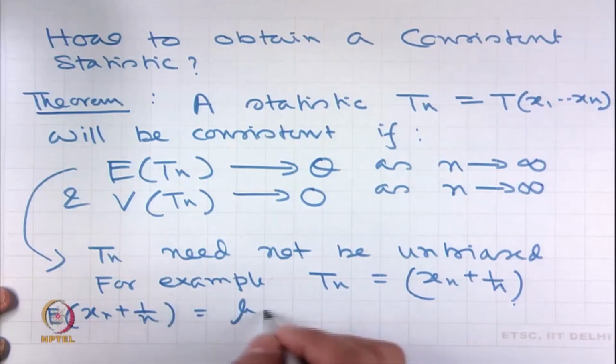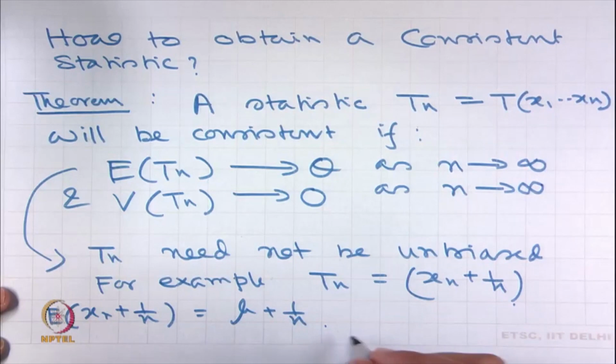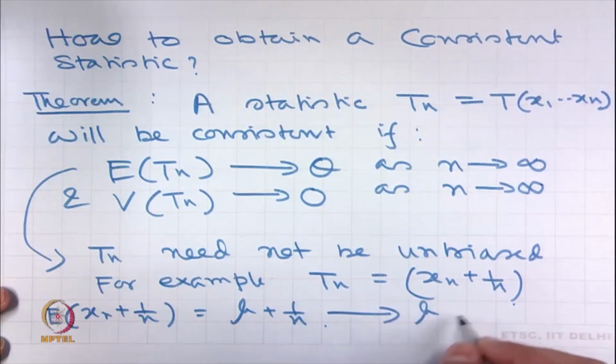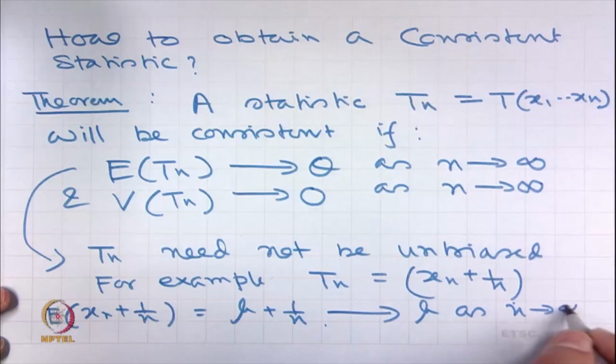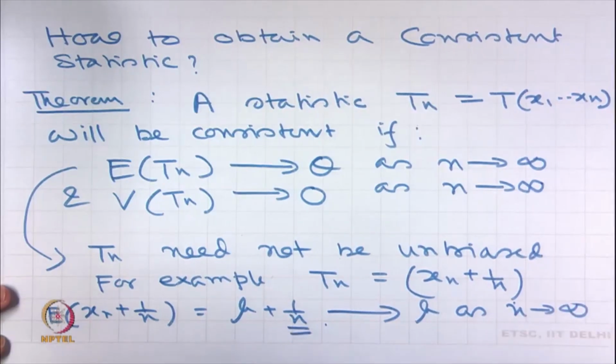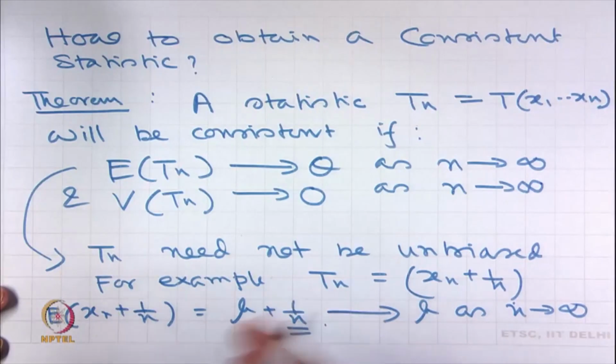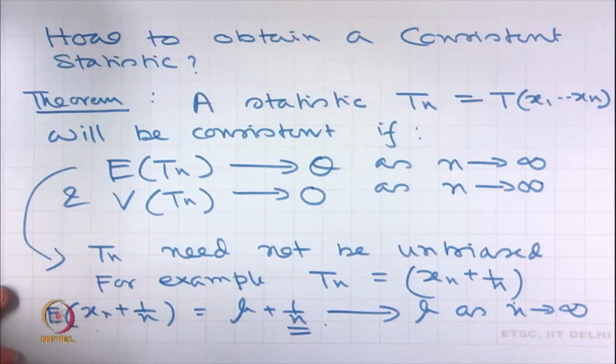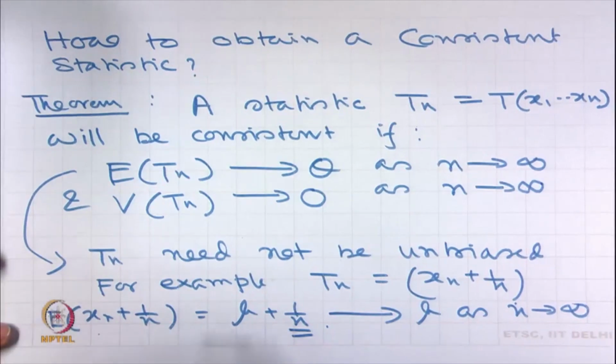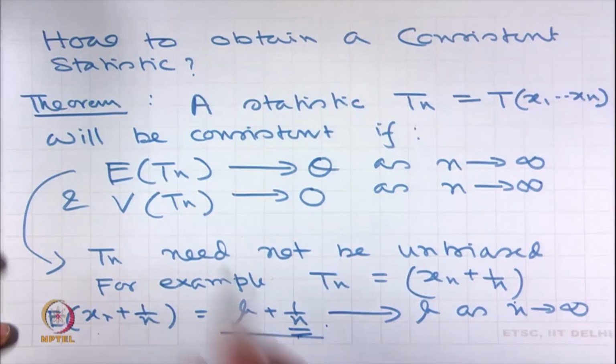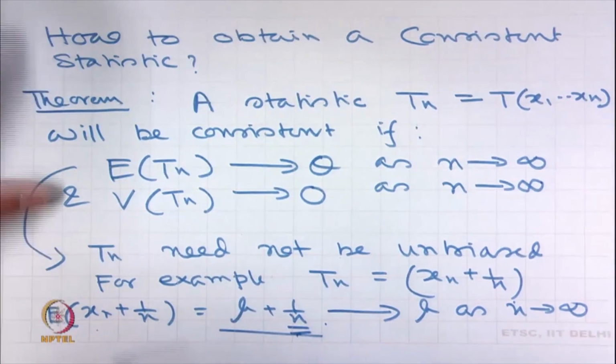This is mu plus 1 by n, and this goes to mu as n goes to infinity, because this is the bias, the quantity by which it is different from the intended parameter mu. Therefore, x bar n plus 1 by n is not an unbiased estimator for mu for any n, but as n goes to infinity, its expected value converges to mu.